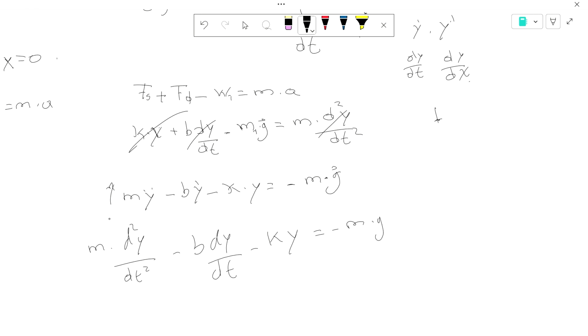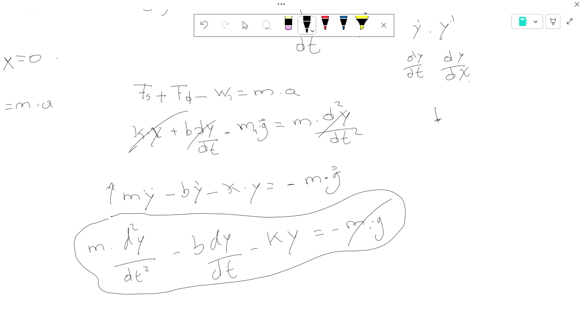This right here is a second order linear differential equation. If you saw calculus, you already know how to solve this. This is a non-homogeneous linear differential equation.